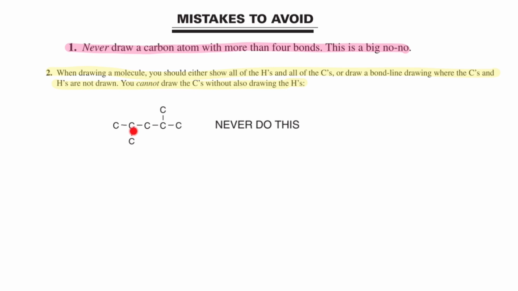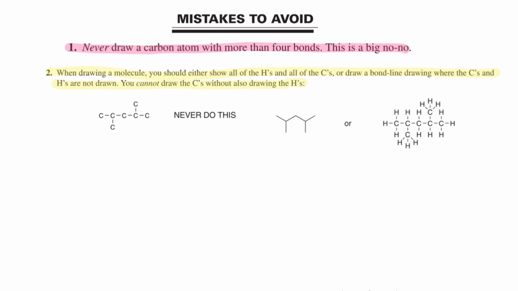But here carbons are represented without hydrogen. Never do this type of representation. Keep in mind, you should show all carbons and all hydrogens, otherwise use only bond line notation. But don't show only half of it, with only carbon or only hydrogen. That is a wrong representation.